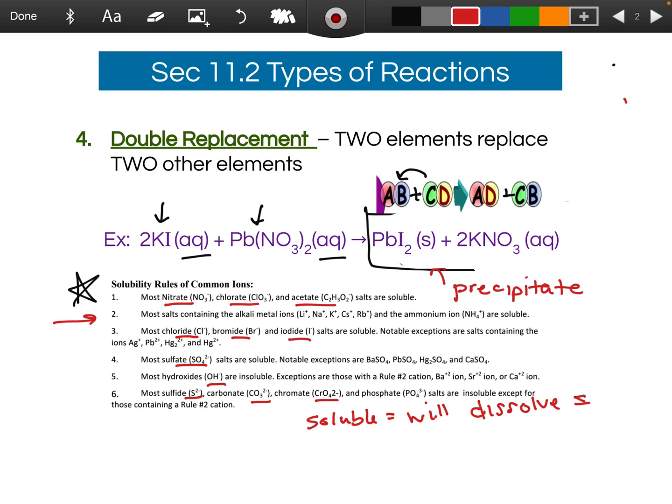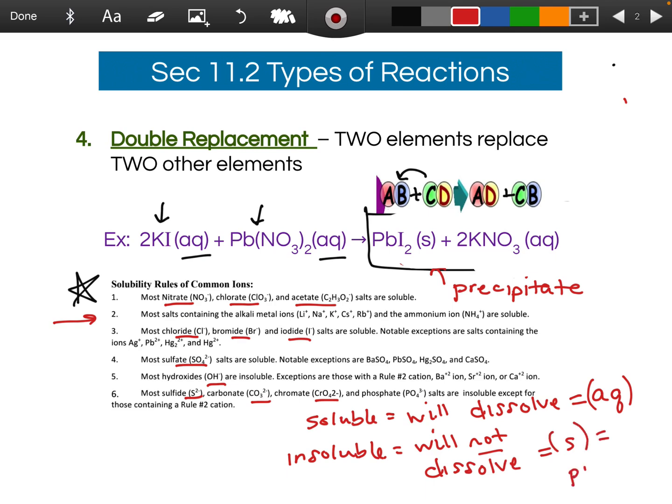So soluble equals aqueous. Insoluble means that the substance will not dissolve, which means that it's going to form a solid, which means that that will be your precipitate.